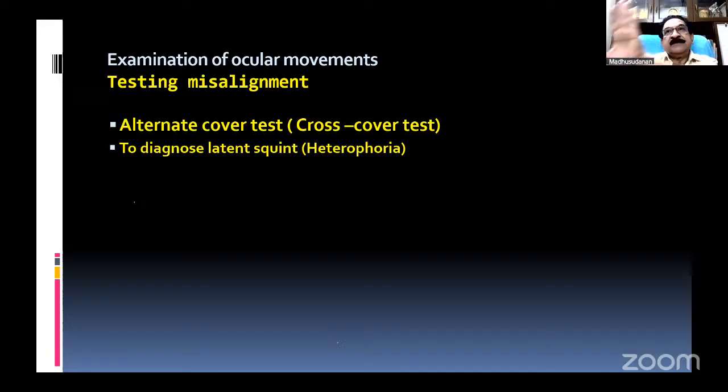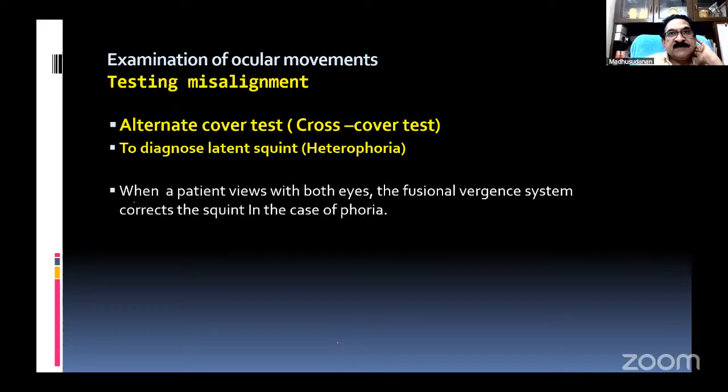That means the alternate cover test. Alternately cover one eye. Never allow the patient to have binocular vision. When the patient views with both eyes, the fusional convergence system corrects the squint in case of phoria or latent squint.